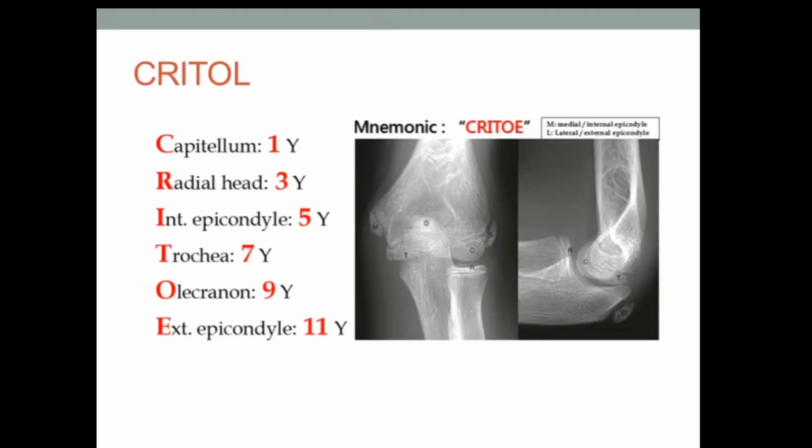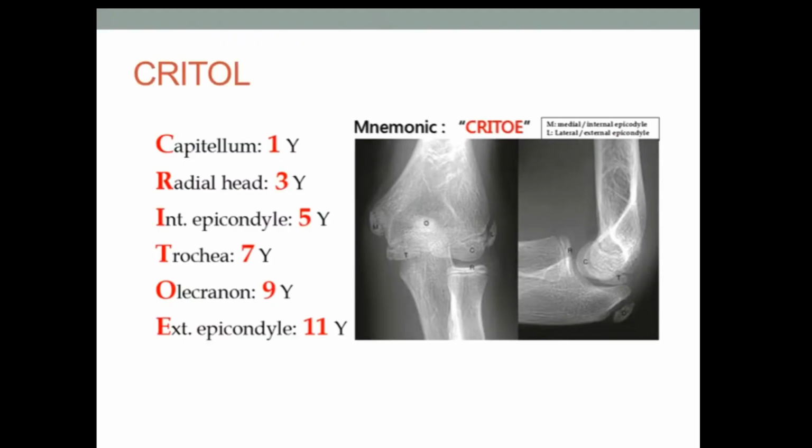That leads me on to assessing pediatric elbow radiographs. A really high yield topic and mnemonic to remember is CRITOL, which outlines the order in which the ossification centers appear on an elbow radiograph. They appear in the order of capitellum, radial head, medial epicondyle, trochlear, olecranon, and lateral epicondyle, at the rough ages of 1, 3, 5, 7, 9, 11.